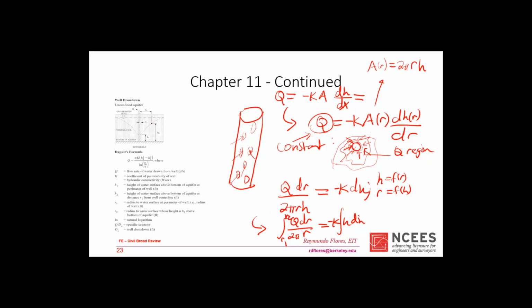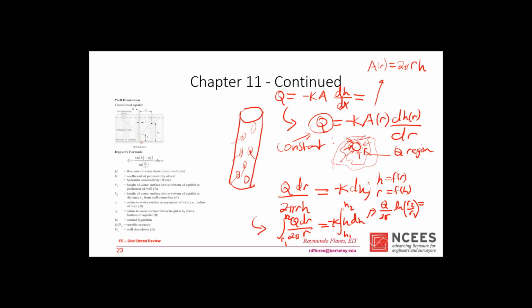So in such a case, you're going to end up with Q over 2 pi ln of, remember, because of our limits of integration, R2 over R1, and by the way, this is H1, H2, because we're evaluating our heads from one point to the other.